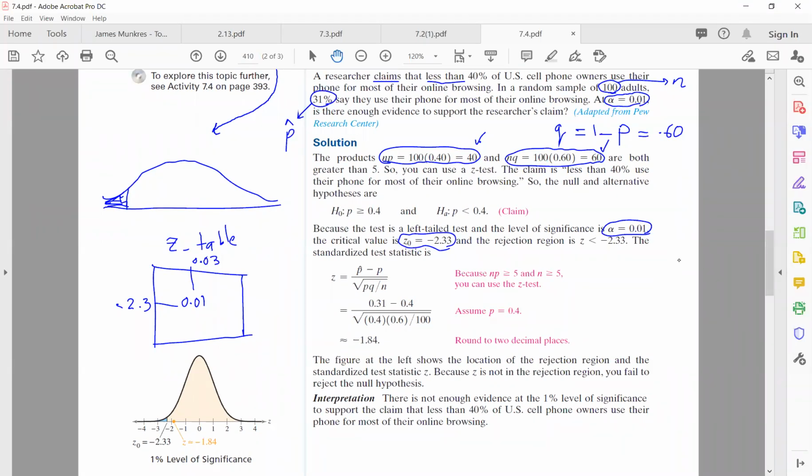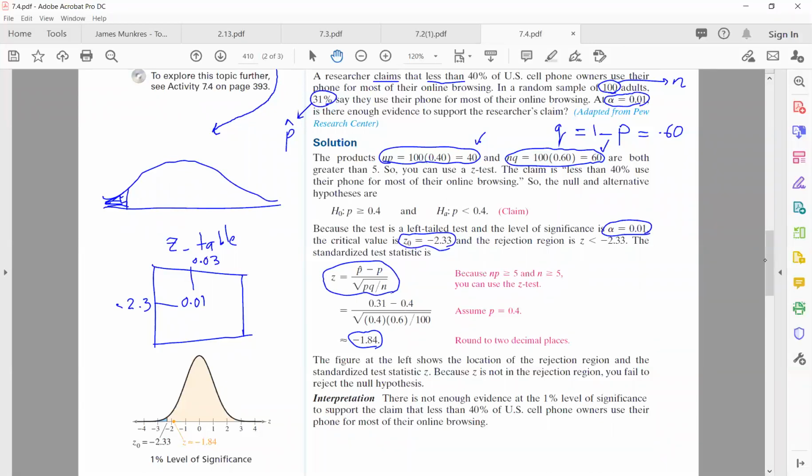Now, for this sample, we're going to use the sample test statistic, which is p hat minus p divided by the square root of pq over n. P hat is 31% minus p, which is 40%, over the square root of p, 40%, q, 60%, over 100. After doing the algebra, our test statistic is negative 1.84.